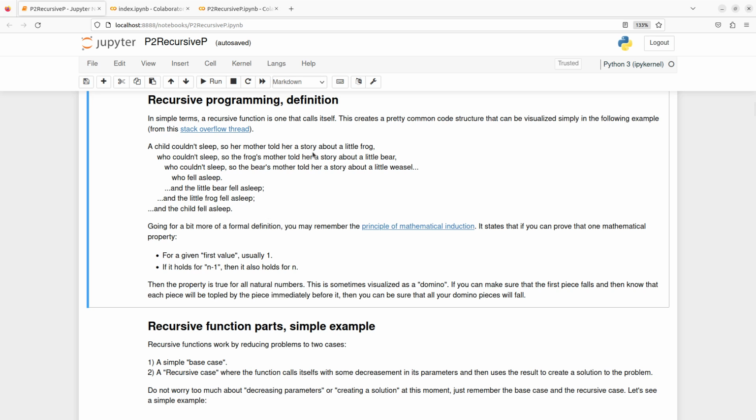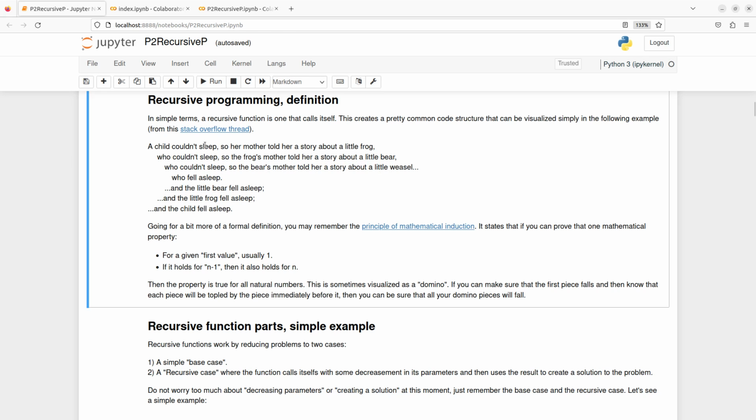In order to picture this structure of calls that go deeper and deeper until they reach a base case and then go back, the author of that post proposes, let's say, a nursery rhyme. A child couldn't sleep, so her mother told her a story about a little frog who couldn't sleep, so the frog's mother told her a story about a little bear who couldn't sleep, so the bear's mother told her a story about a little weasel who fell asleep.